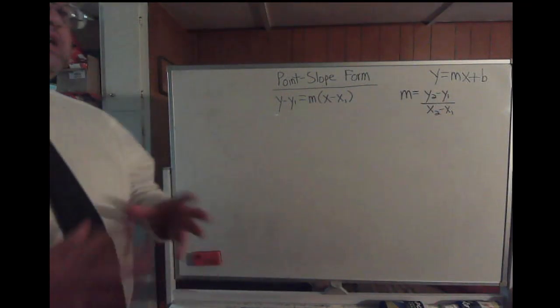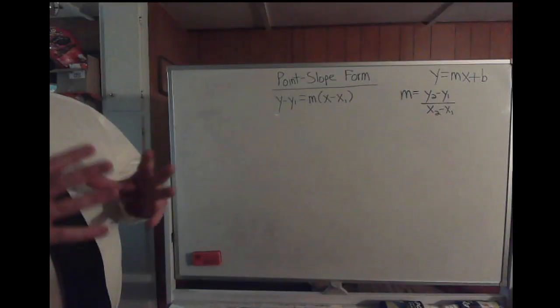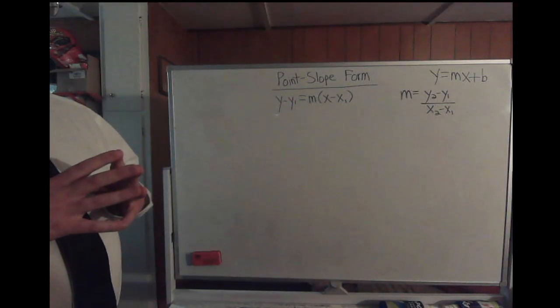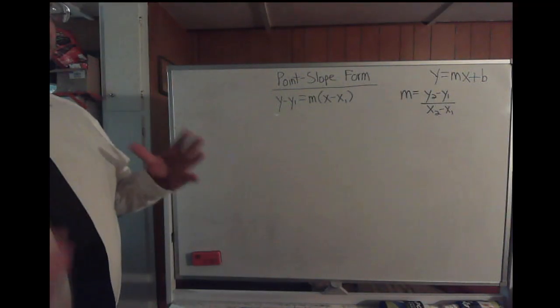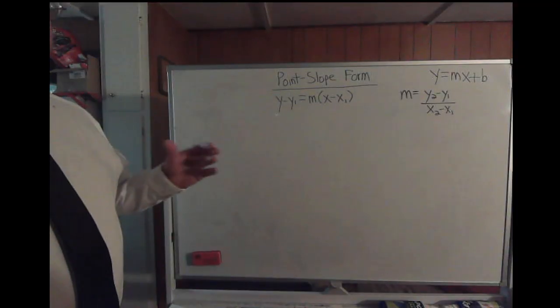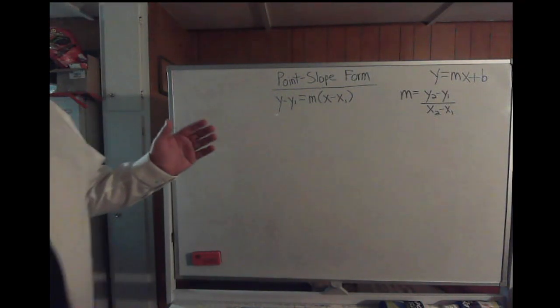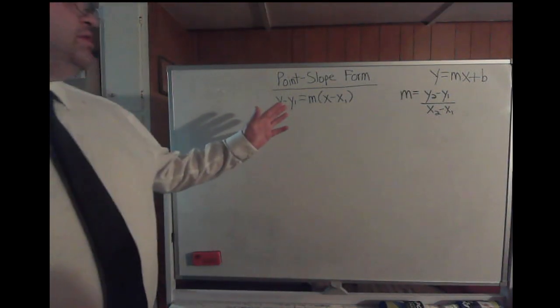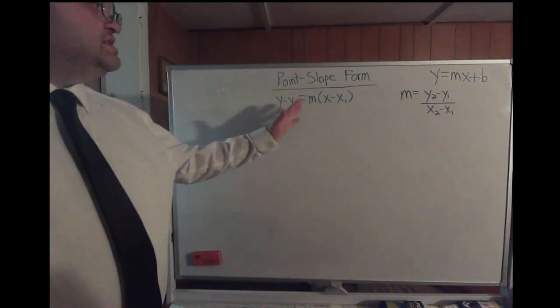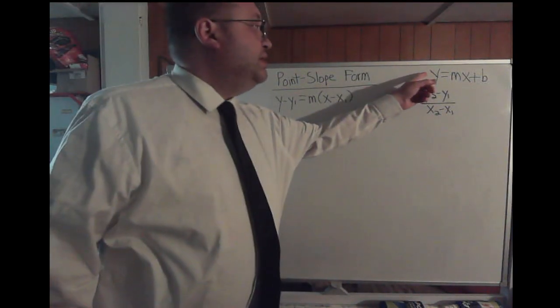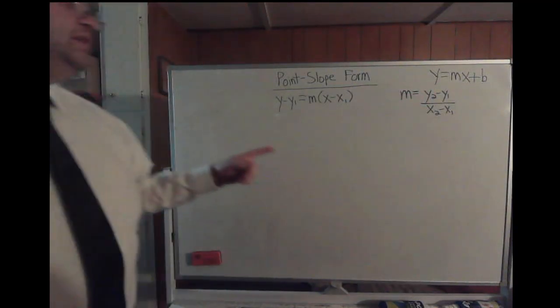So today we are going to talk about the point slope form of a line, which helps us when we have 2 points on a line but we don't know the slope or anything. But the goal is to convert something from point slope form into the slope intercept form, the y equals mx plus b.